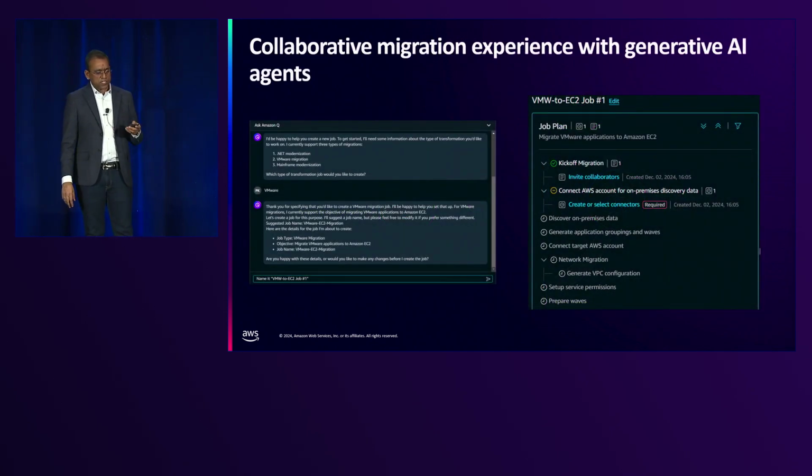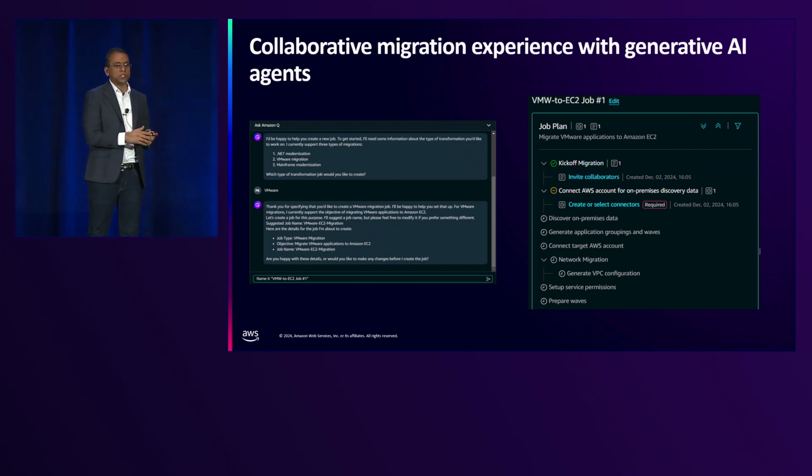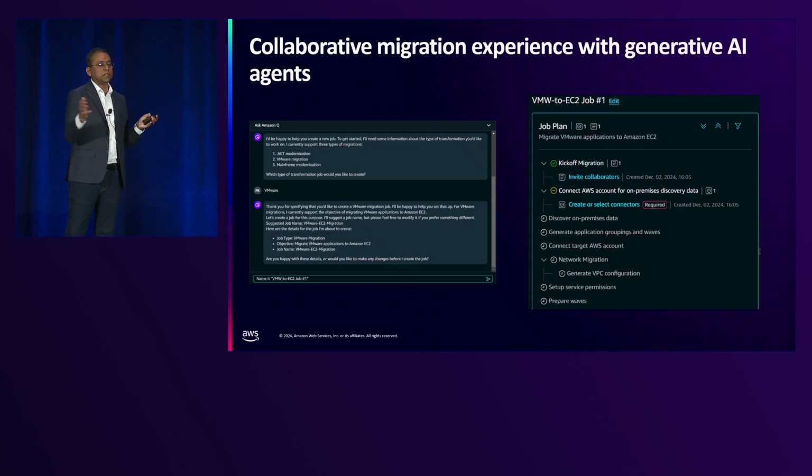So, how does this work? You get started with this web experience by defining the goals for your project, and this is where Q will understand whether you want to do a VMware transformation, .NET transformation, mainframe transformation, or any other workloads that you have. Once you provide your goal, Q is going to generate a plan.